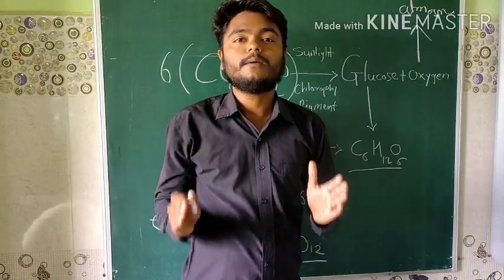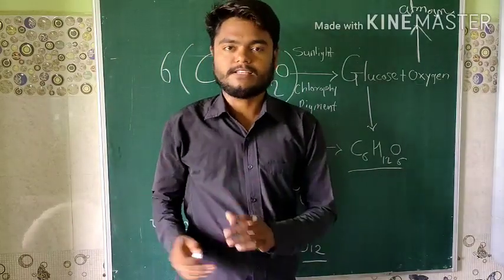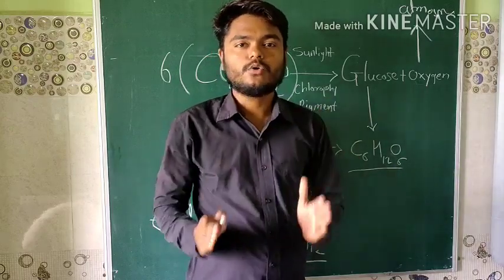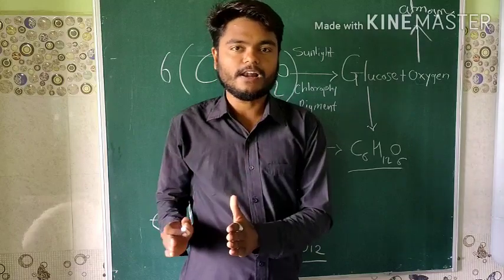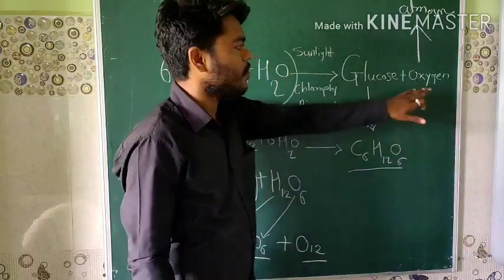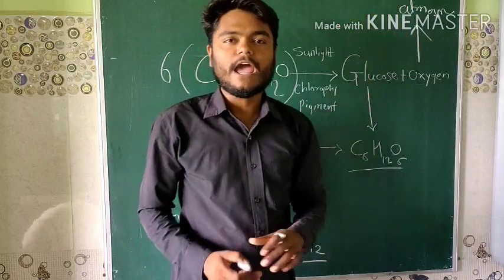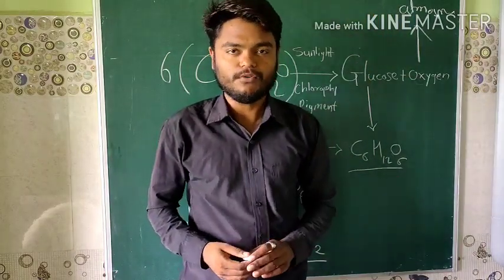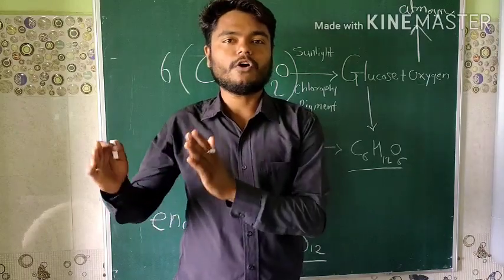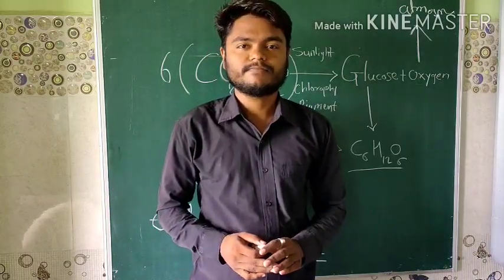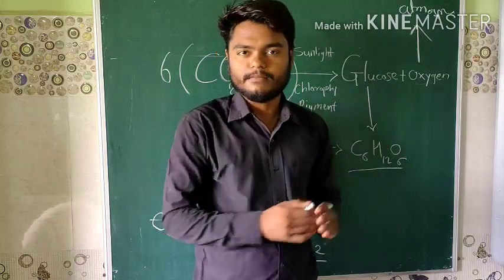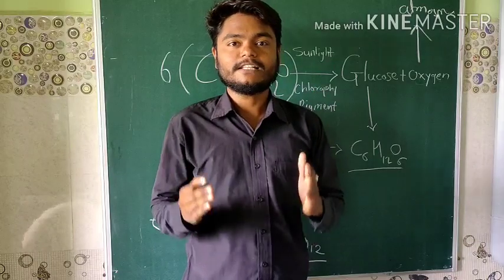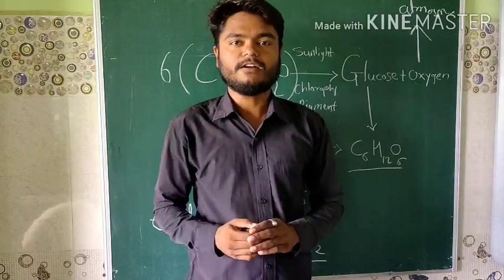This is how both end products are utilized. Glucose is utilized as food material in the plant, and oxygen is released into the atmosphere through the stomatal opening. This oxygen is helpful for all other living organisms such as animals and human beings. We are consuming oxygen. That's why we say save trees, so that we get more oxygen from the trees.